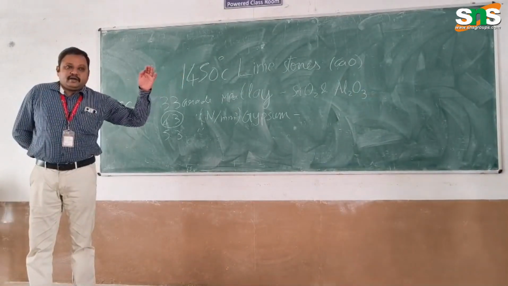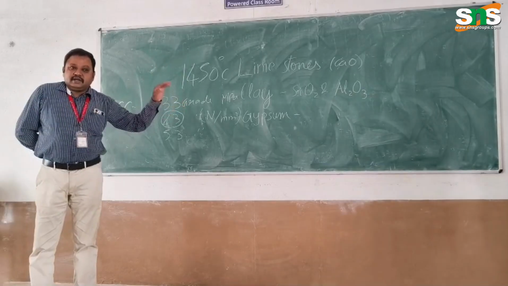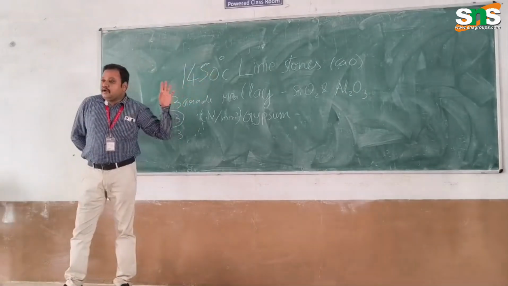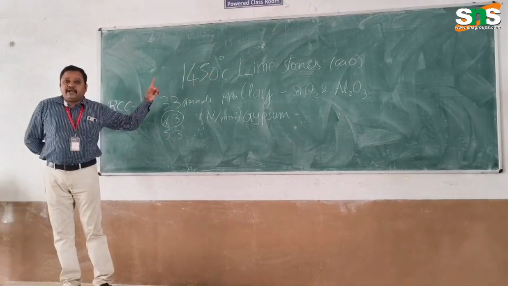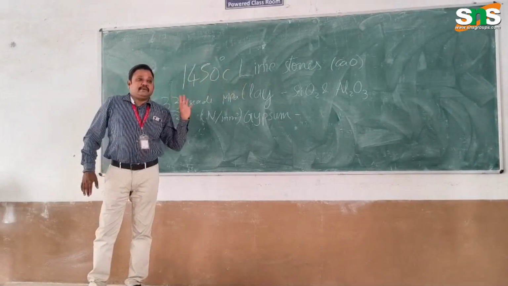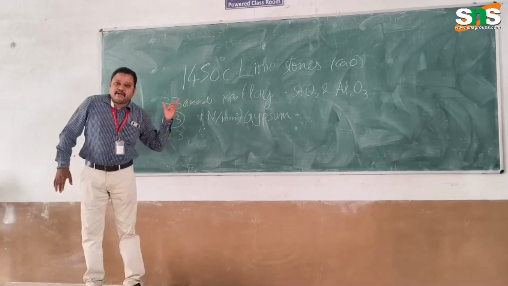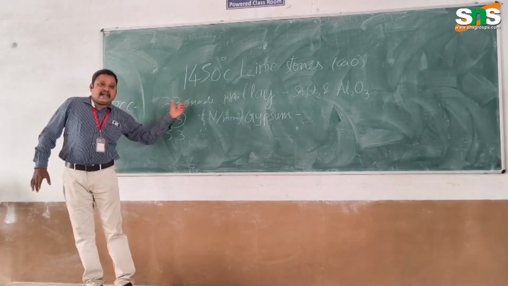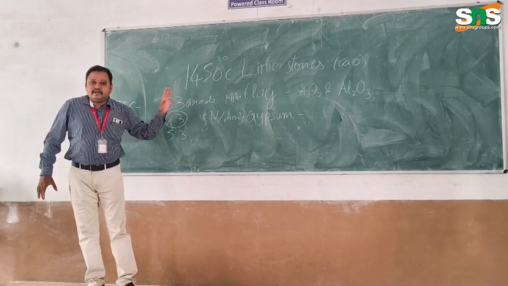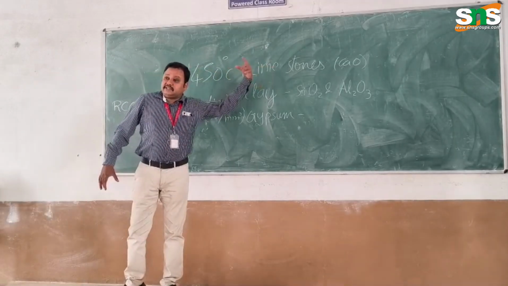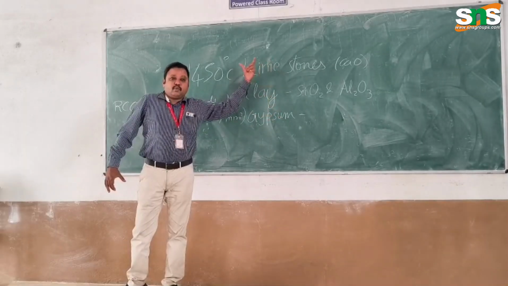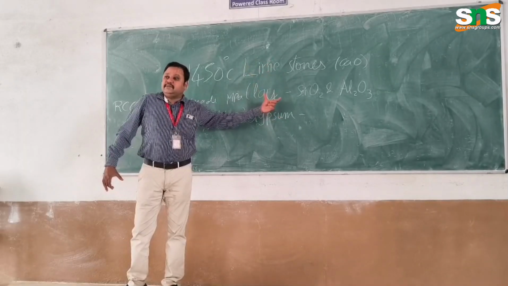What are the uses of cements? Normally, cements are classified into two types: Portland cement and special cement. Portland cement stands at the grade of 53 Newton per mm square. The other cements are classified as white cement and colored cement.